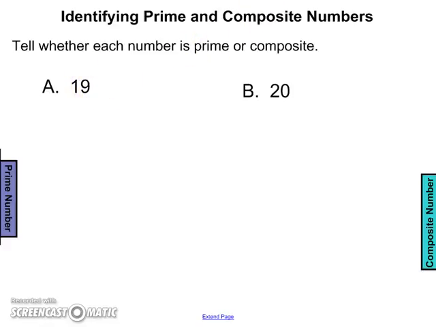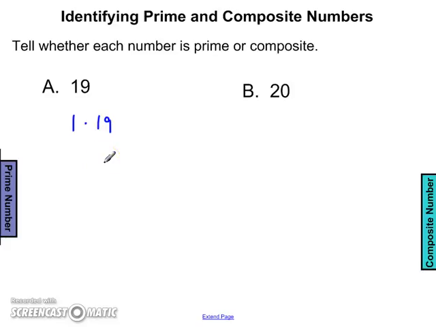If you go through and think about what are the things that go into 19, you can do this in a number of ways. I know that 1 times 19 is 19. Again, we're talking about whole numbers here. If I go through the rest of the list, 2 doesn't go, 2 times nothing goes equally into 19.